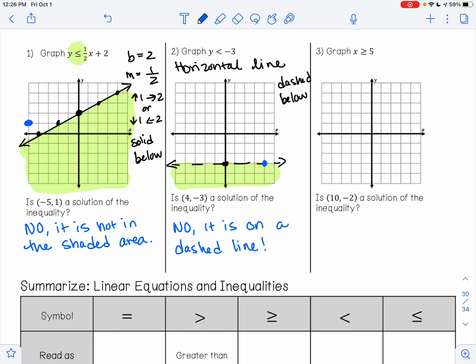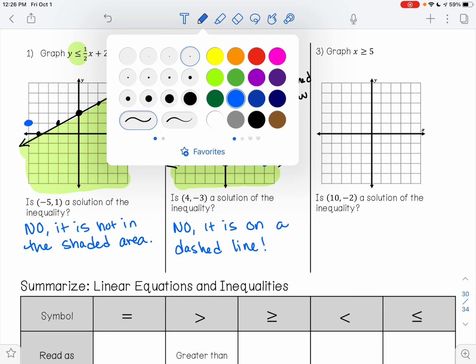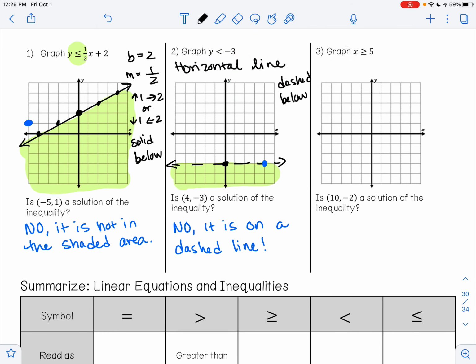On example 3, it says graph x is greater than or equal to 5. When you have x and no y, that is when you have a vertical line. So x equals 5 right here. This is going to be a solid line.